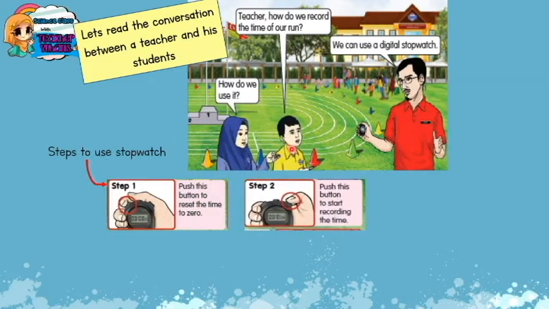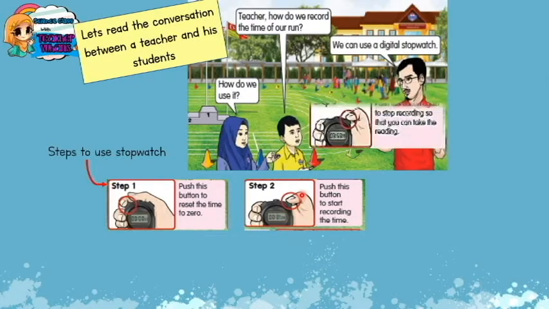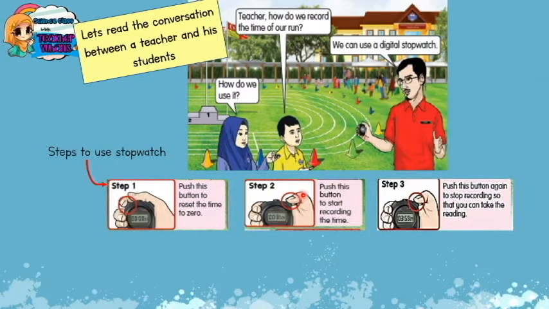Second step, push the button on the right to start recording the time. Step number 3, push this button again to stop recording so you can take the reading here.